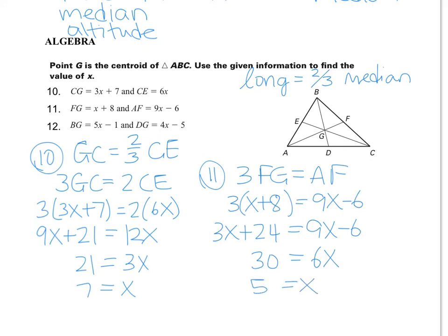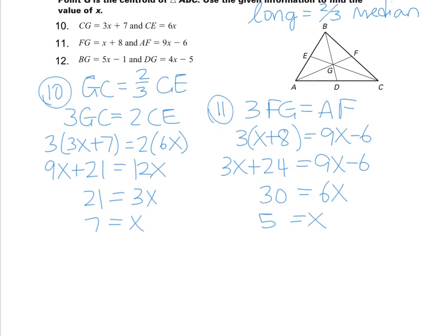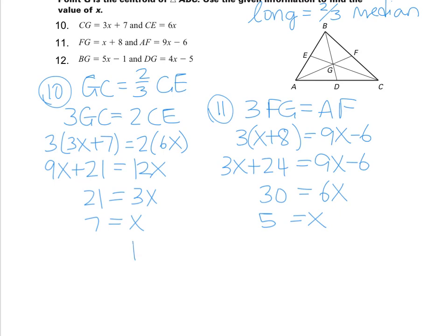And the last one is BG. BG is the longer piece, and DG is the shorter piece. So 2 shorter pieces equal 1 long piece.